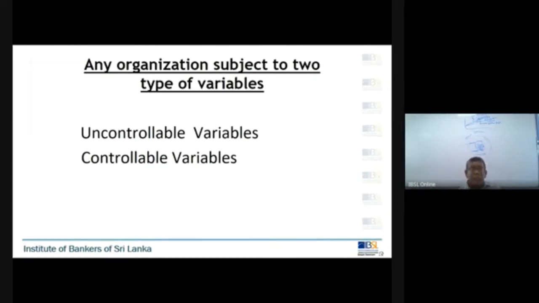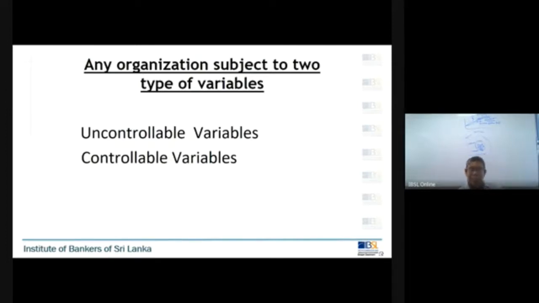But certain variables in your organization you can control. Can you tell me what variables any organization cannot control?